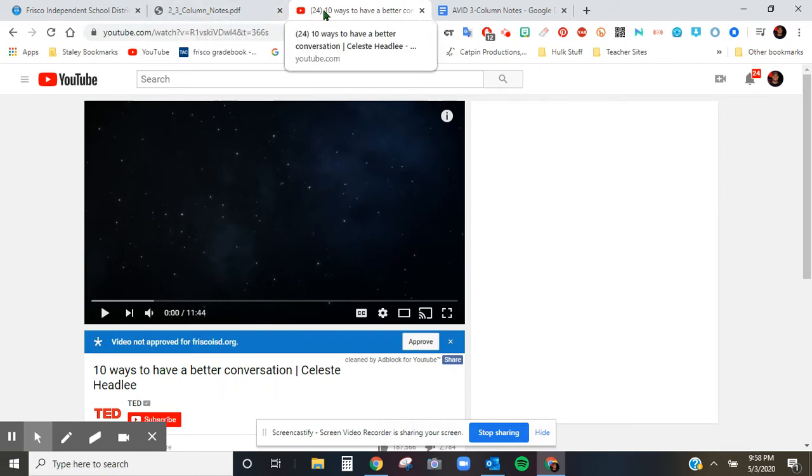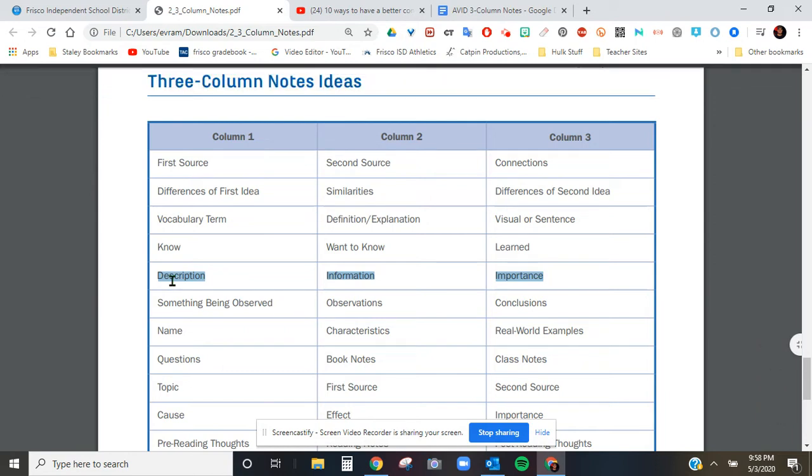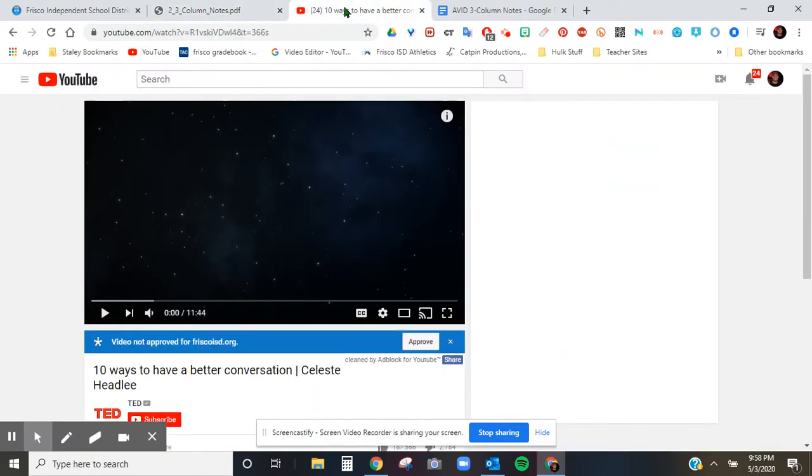In the case of three column notes, there are many ideas for using them. And in this case, our focus is probably going to be geared more toward this one, where we have a description, the information given about it, and then what you think the importance of that information is. So, for example, 10 ways to have a better conversation.